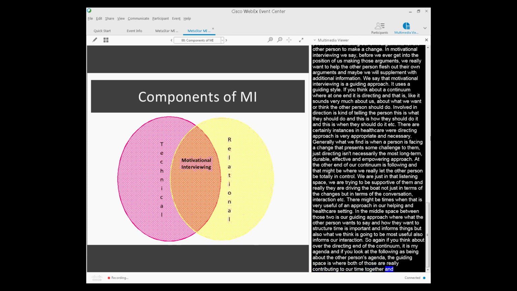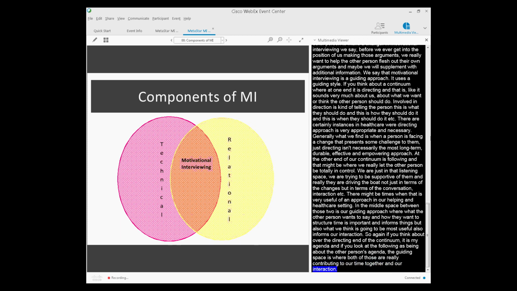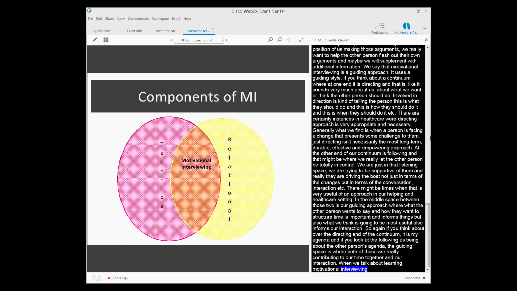And when we talk about learning motivational interviewing or doing motivational interviewing, there are two main categories of what we have to learn and be able to do. There's the relational aspects, and that really talks about how we're able to connect with the other person, how we work with them.